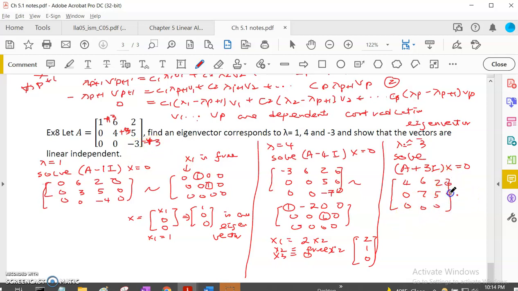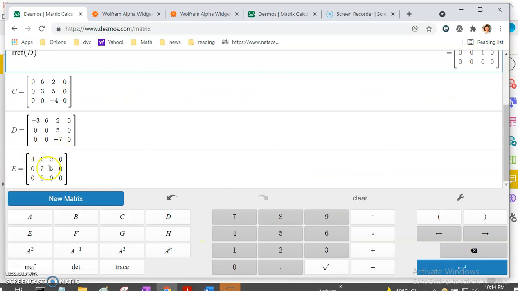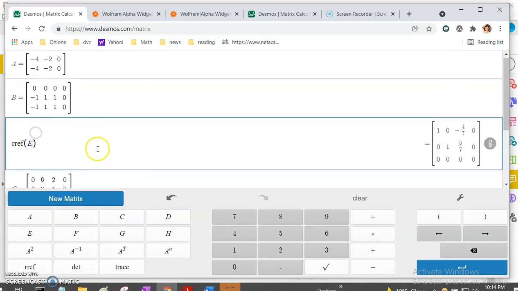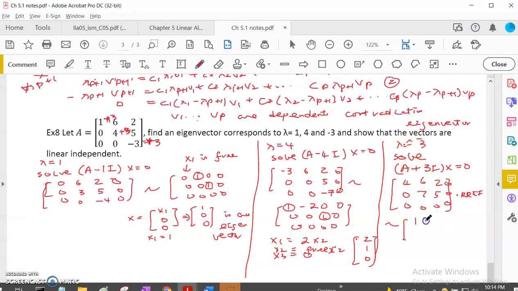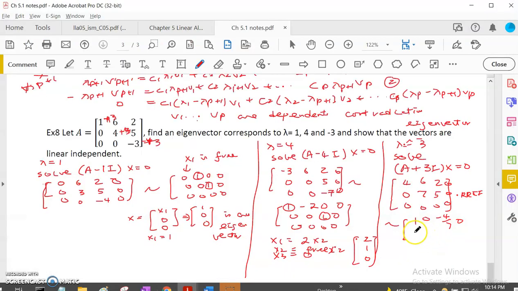After 0, 0, I always forget this. So RREF can become 4, 6, 2, 0, 0, 7, 5, 0. RREF of E equals 1, 0, -4/7, 0, 1, 5/7, and then 0, 0, 0.